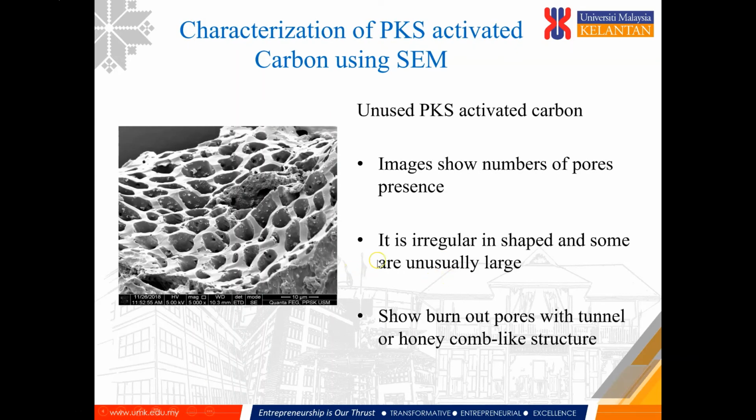And this is unused PKS activated carbon. The micrograph image shows the number of pores present in the activated carbon. They are irregular in shape, and some are usually large and show burnt out pores with a tunnel or honeycomb-like structure.